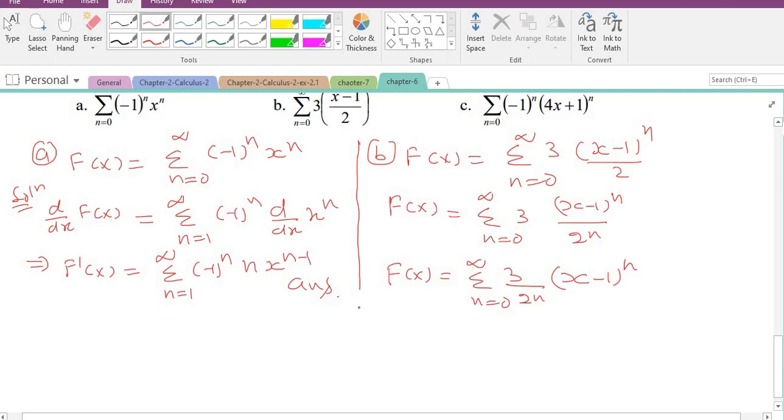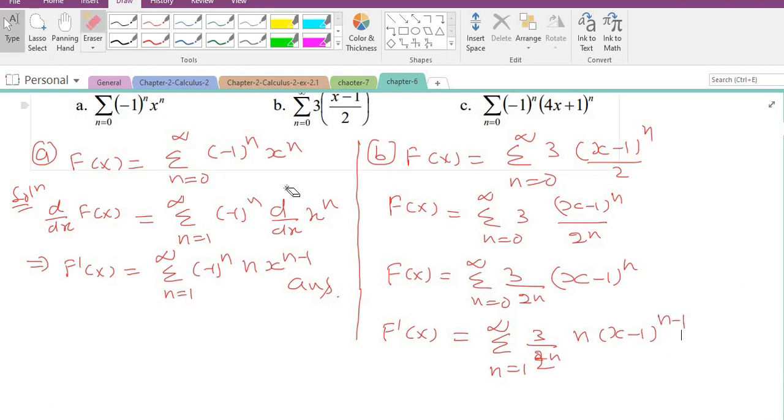So now the differentiation of this power series f(x) is f'(x). As I told you, if it starts from n equal to 0, then put n equal to 1 in this series directly. 3 divided by 2^n, this is a constant term, and then n times (x - 1)^(n-1).